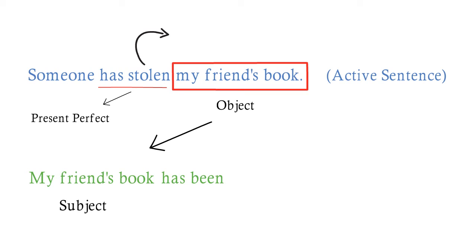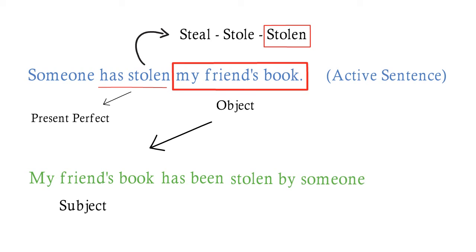The participle form of verb steal is stolen. My friend's book has been stolen. Step 5. Use by phrase if necessary. My friend's book has been stolen by someone.